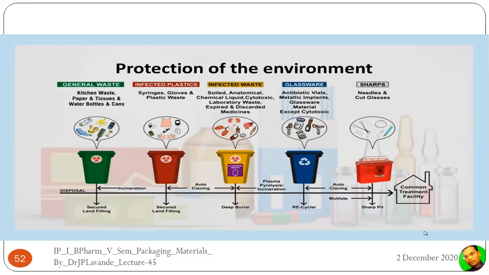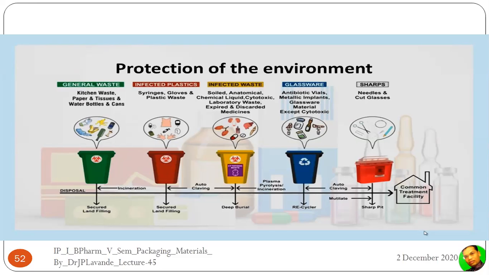Then infected waste like soiled anatomical waste, chemical liquids, cytotoxic materials, laboratory waste, expired or discarded medicines. Again, such materials first need to be autoclaved and subjected to pyrolysis or incineration.